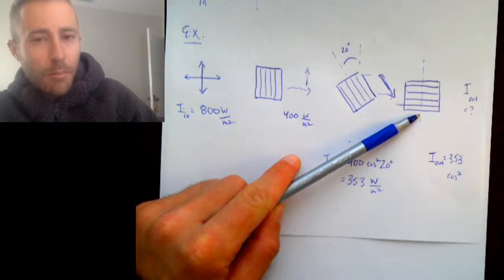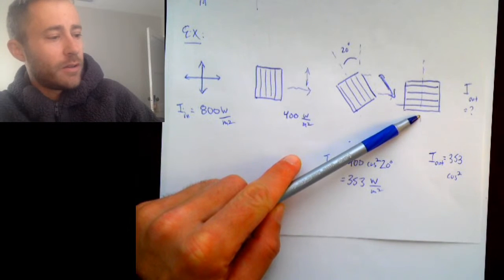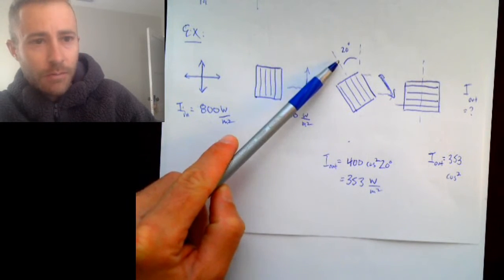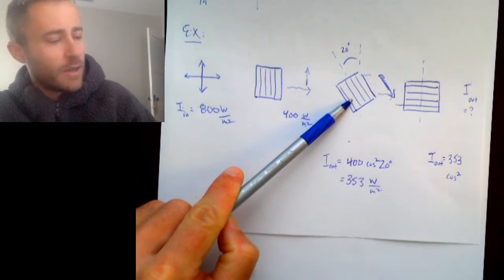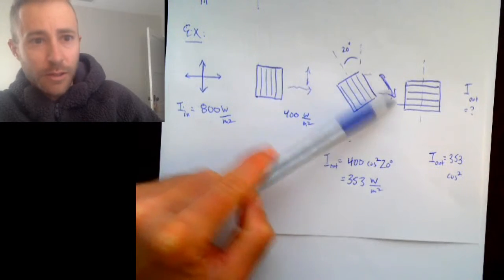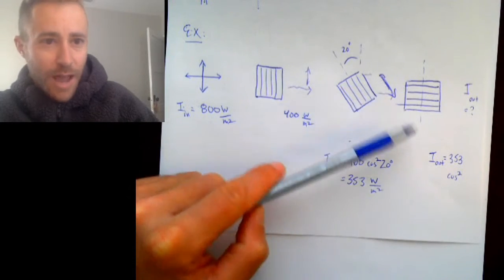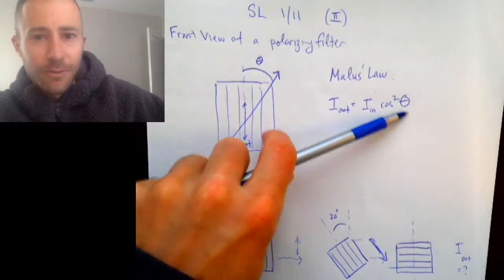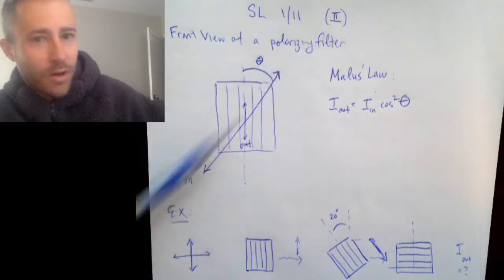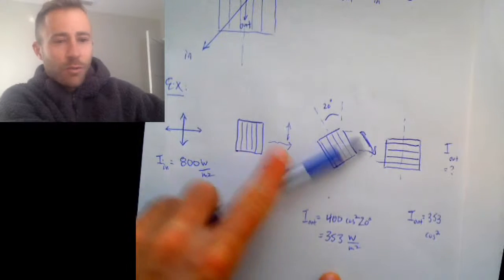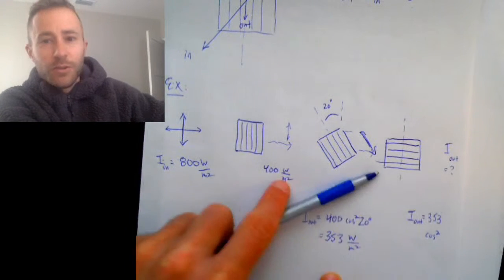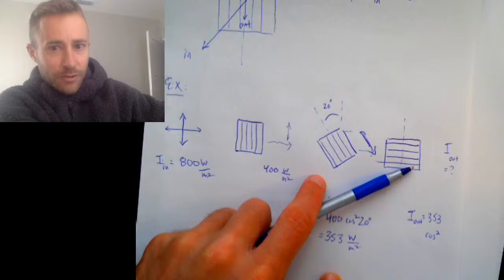But if we look at the output of this second filter, the output is going to be angled at 20 degrees. So what is the angle? The angle in Malus's Law is the difference in angle between the polarizing filter and the wave itself. So this wave is angled at 20 degrees, and the polarizing filter is at 90 degrees.